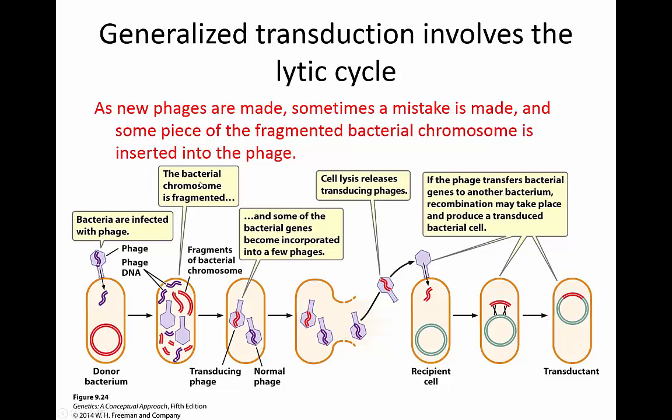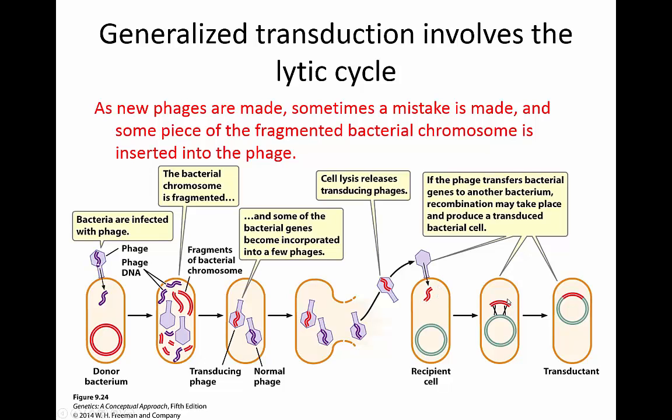That bacteriophage is perfectly functional as far as infecting another cell, however, and so when that lysis occurs, that phage that had a piece of the bacterial genome can go and infect another bacterium, and it can insert that little piece of bacterial genome into another cell.